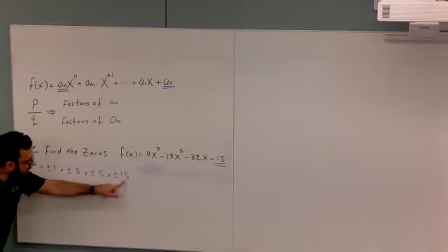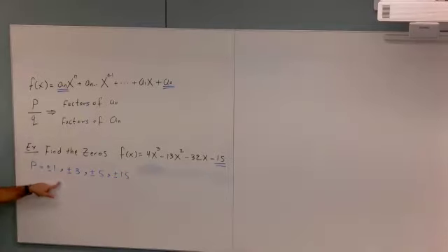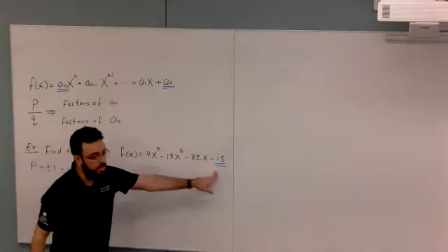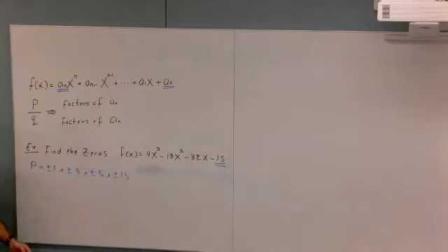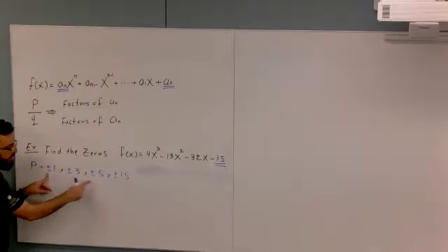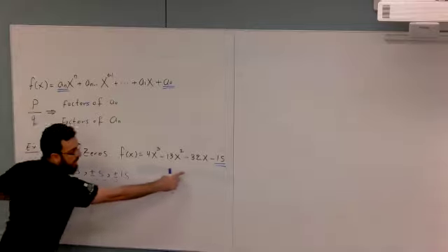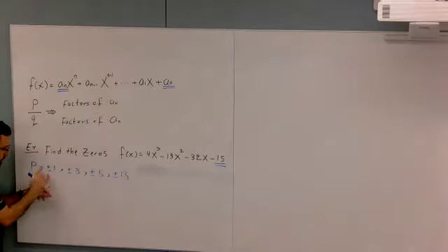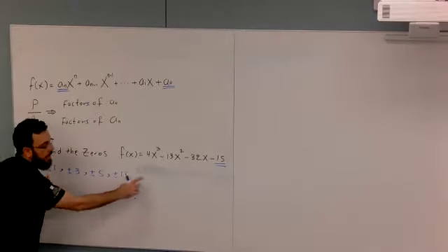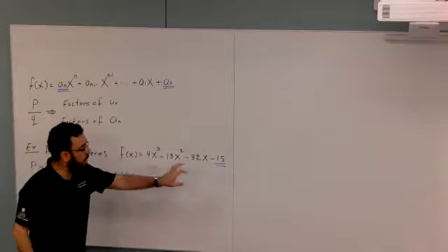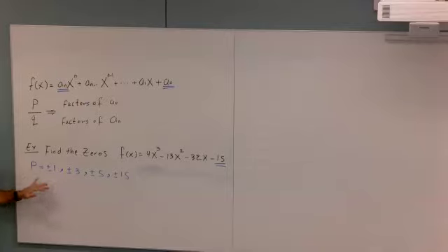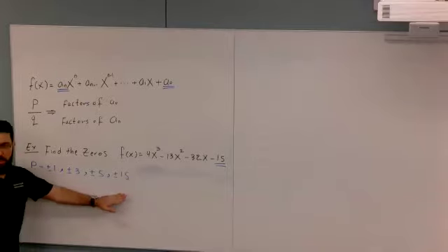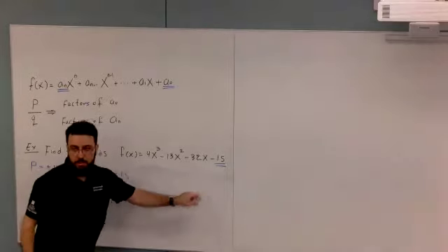So these are the factors of the constant, which is 15. I don't care about the sign because I'm going to pick positive and negative. Like positive 1 times negative 15 is negative 15, and negative 1 times positive 15 is negative 15. So I care only about the number. I'm going to take positive and negative. Is that okay? P is the factors of the constant. Where is the constant? 15.